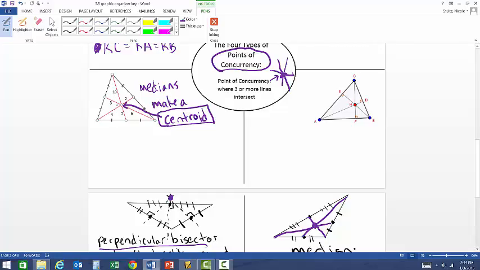You will always have a smaller and a bigger side. The smaller side will always be half of the bigger, always. So we'll say that the sides of a centroid have a 2-to-1 ratio. And what that means is one side is twice the length of the other side.